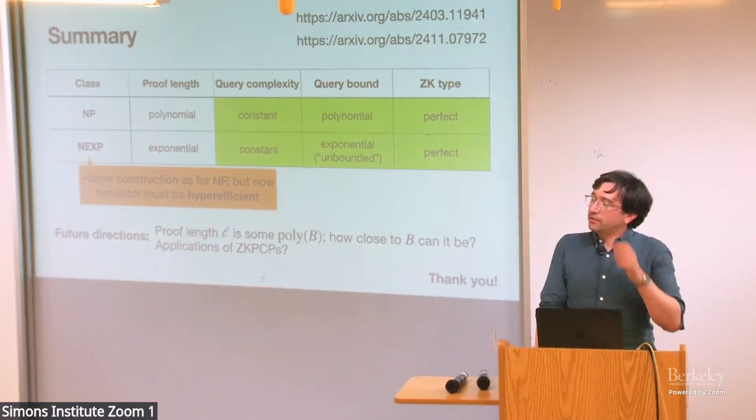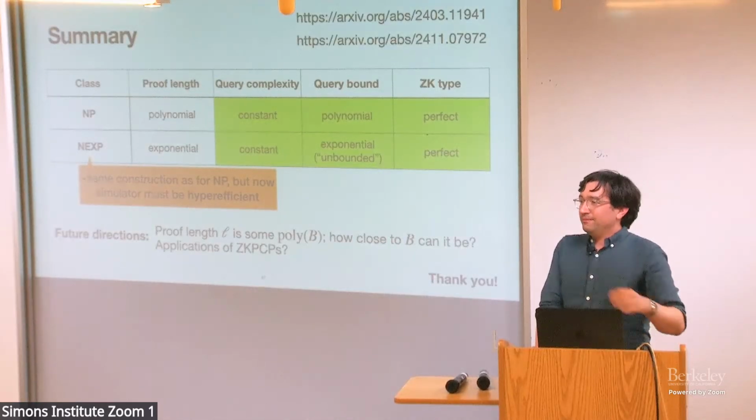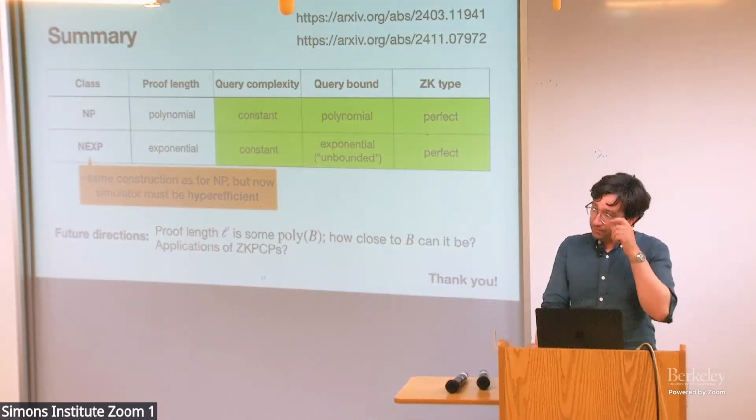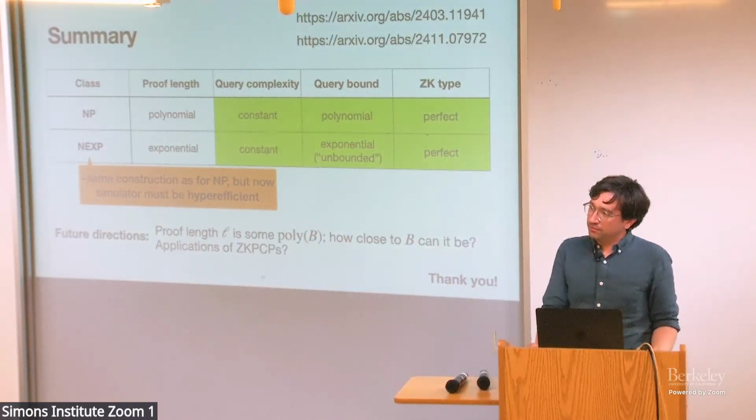Yeah, Eva. I probably knew the answer to this question and forgot, but in terms of feasibility, zero knowledge versus soundness and stateful versus stateless. PCP is a stateless prover. Yep. And so here you make the prover stateless, so you're making soundness easier and zero knowledge harder.